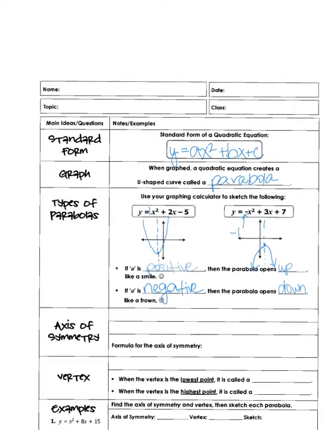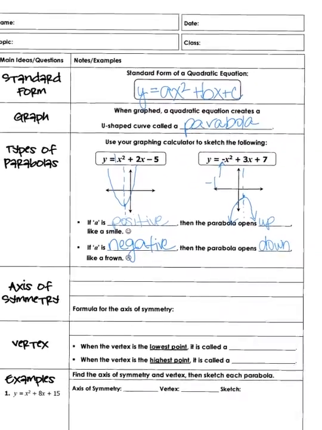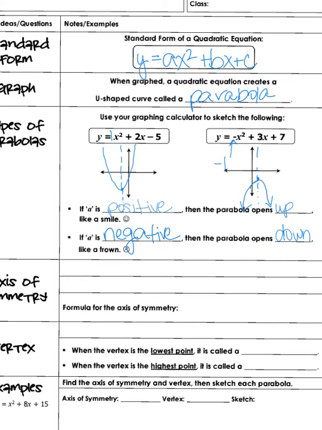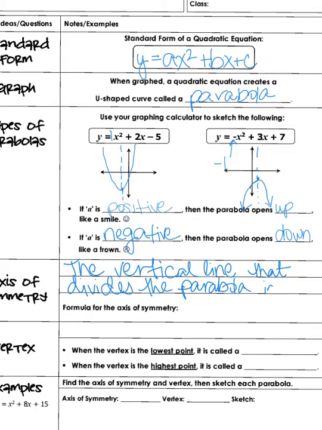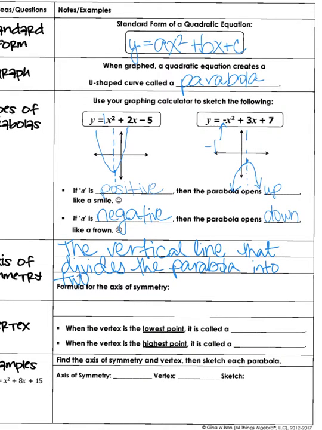The axis of symmetry is the vertical line that divides the parabola into two equal parts.